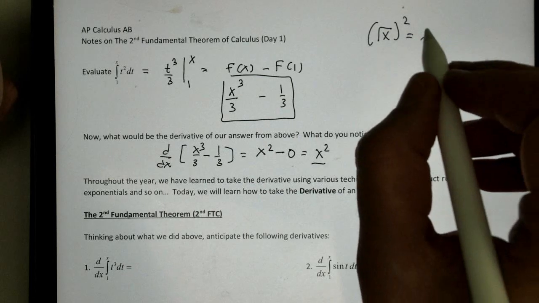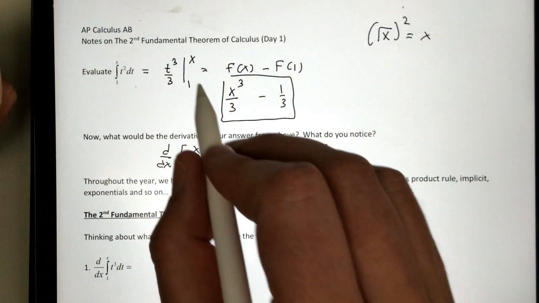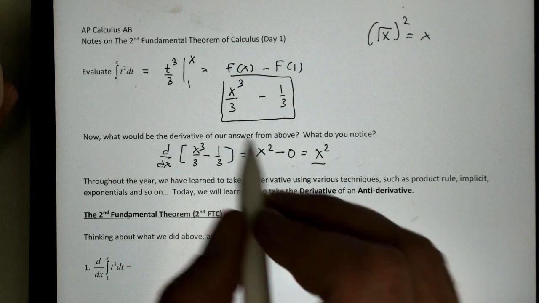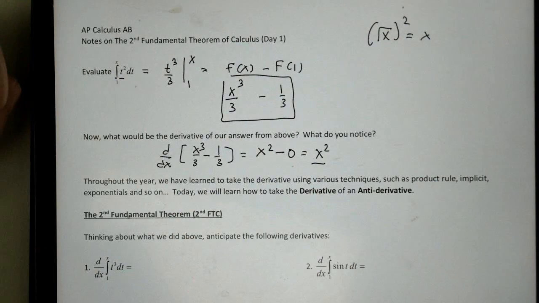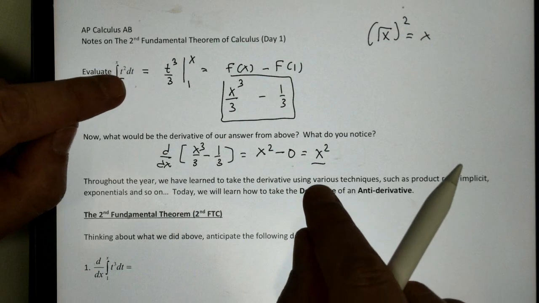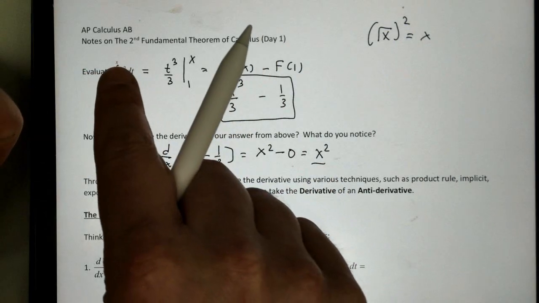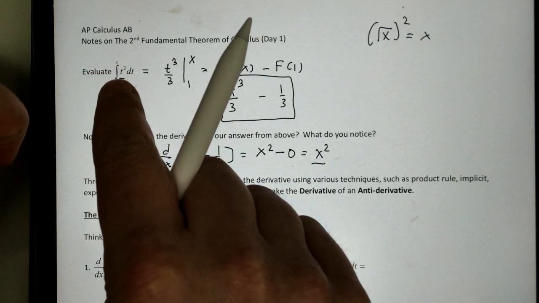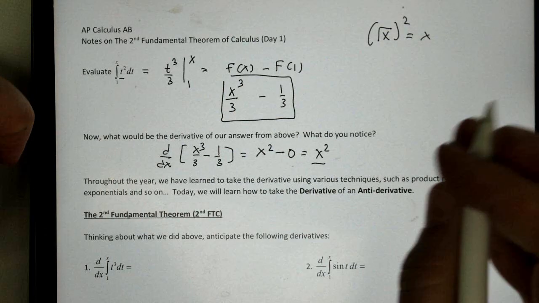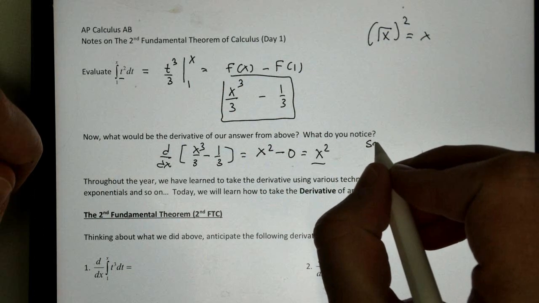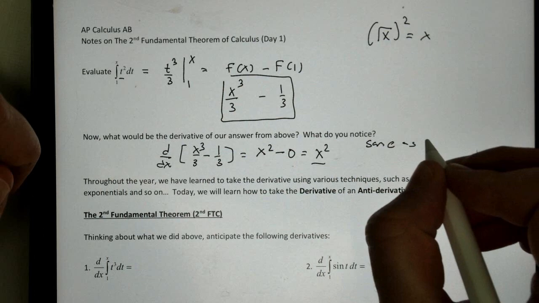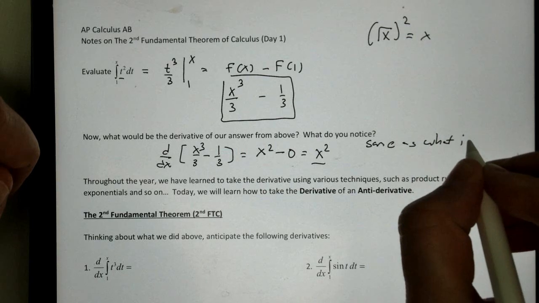And that's exactly what happened. Notice we got this x squared, but inside my integral we had this t squared. They're really exactly the same. We just replaced our t with x. So we notice this is the same as what is in the integral.